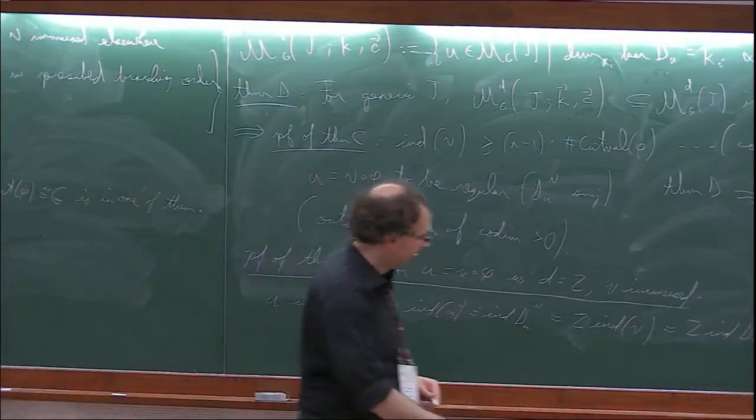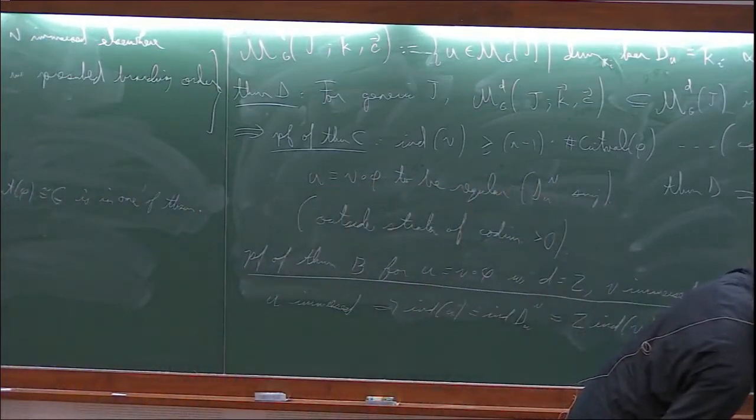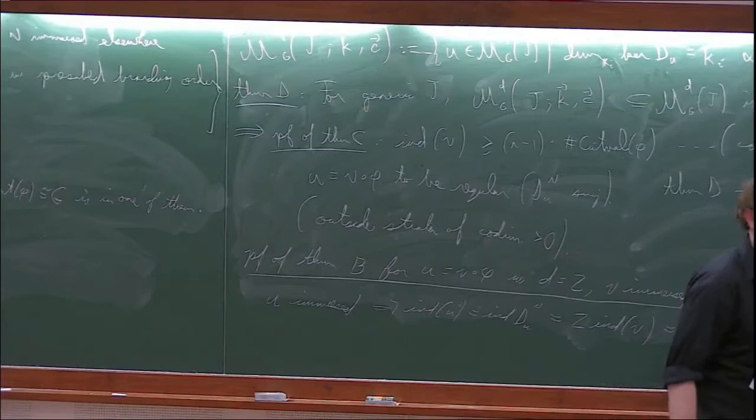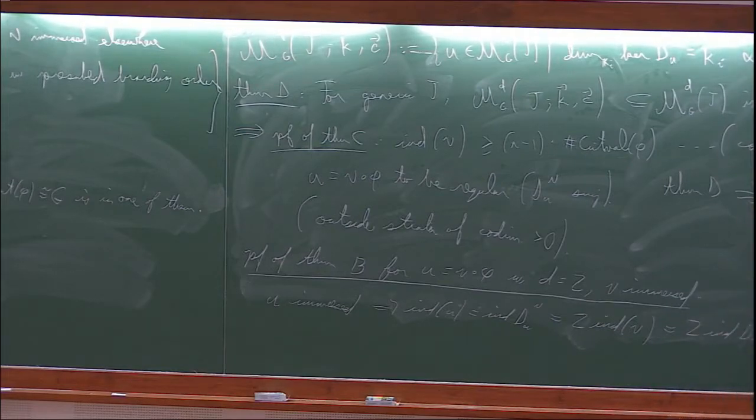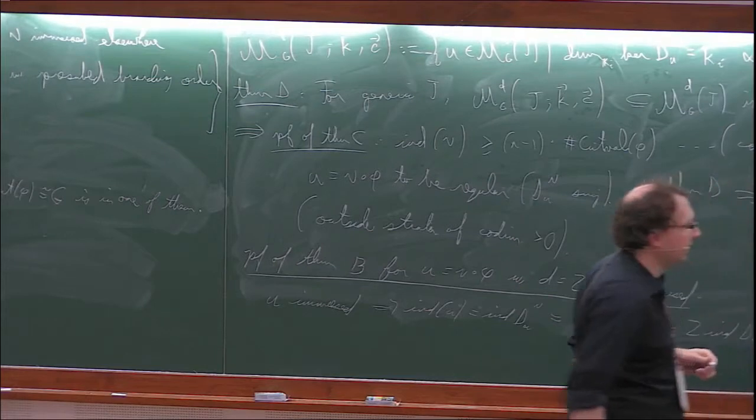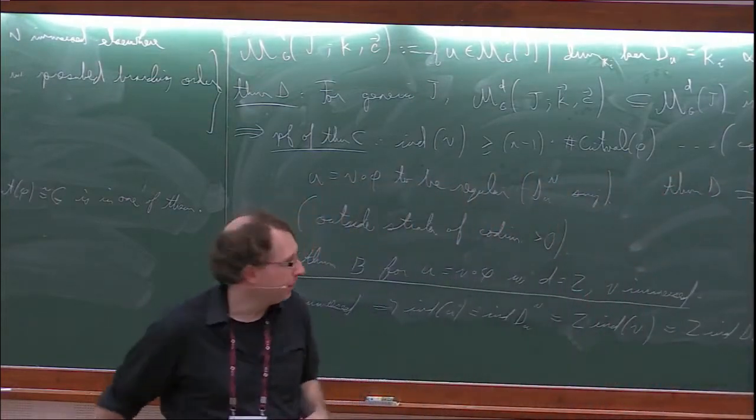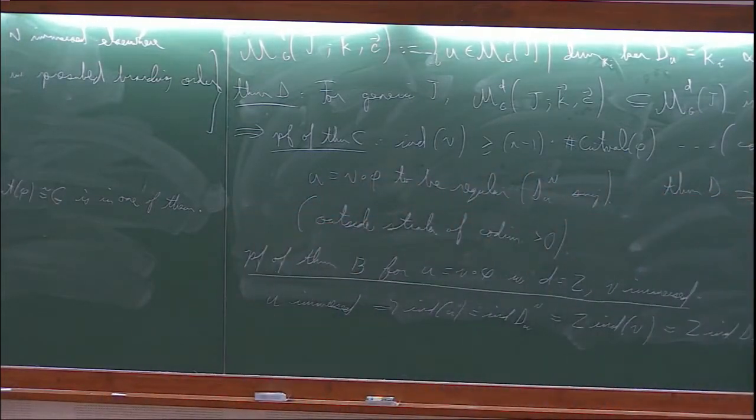And of course, there's the splitting of the normal operator into the plus component and the minus component we already discussed, where D_u theta plus is actually equivalent to the normal operator of v. So its index is the same as that of the normal operator of v, which is index of v.